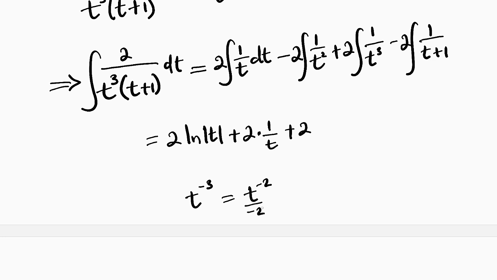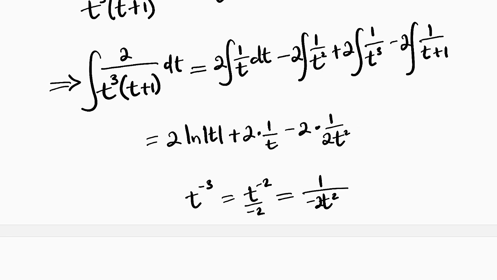You can drop this down so that the exponent becomes positive, t squared. But remember, we still have 2 here, right? This particular 2, they will multiply. So the whole of that integral will be this one. It has a minus, so this will become minus 2 times the whole of 1 divided by 2t squared. I know that this will cancel this, but let me do that in the next step.